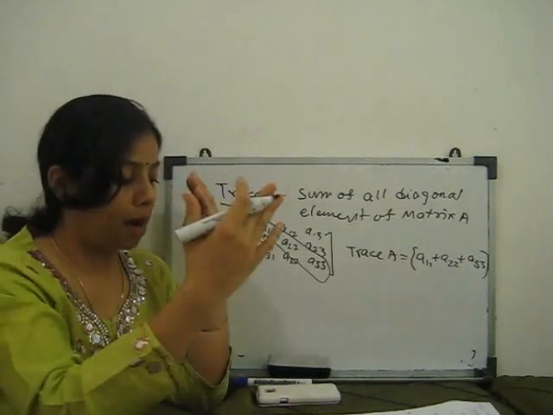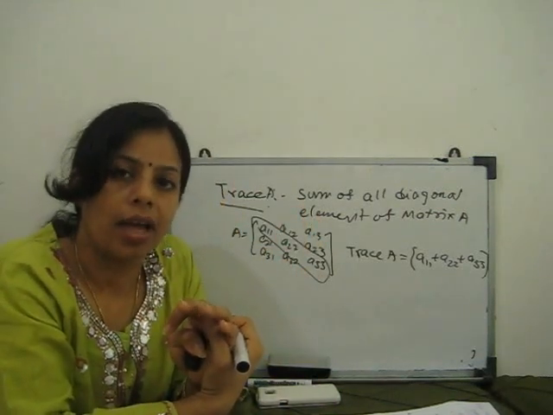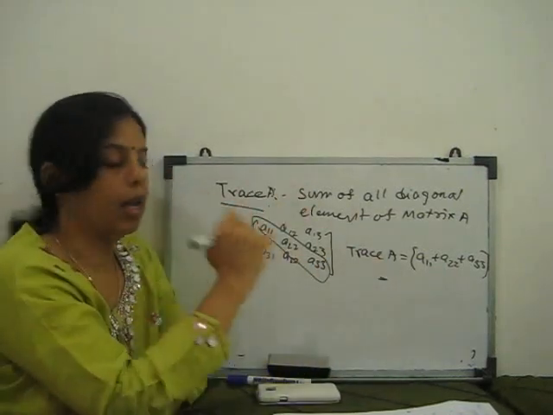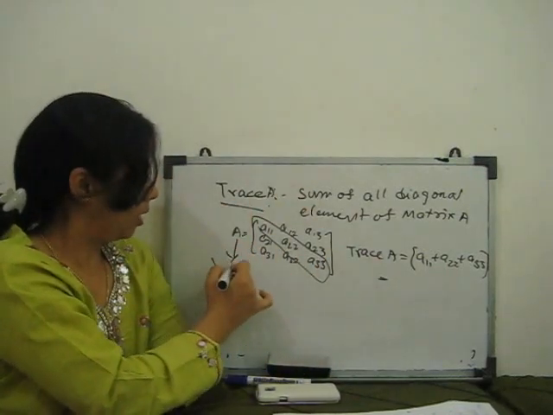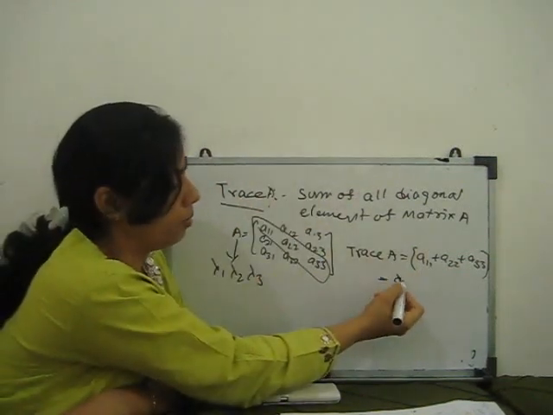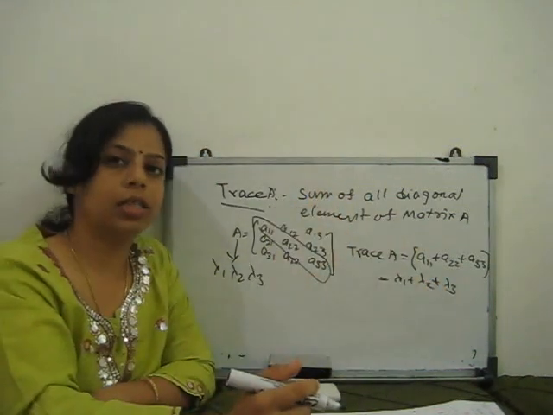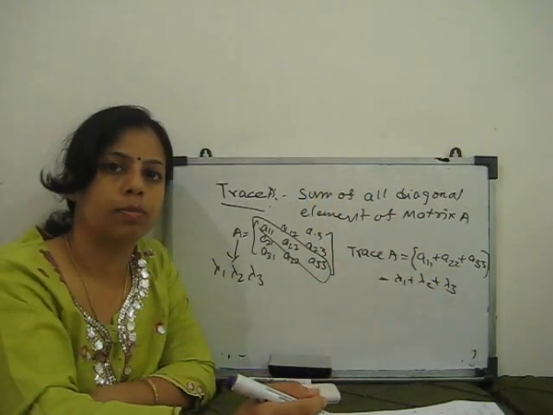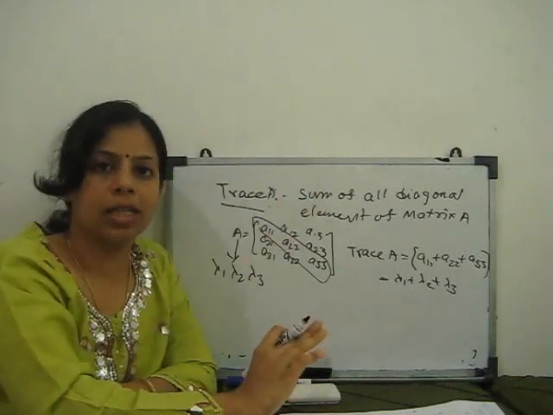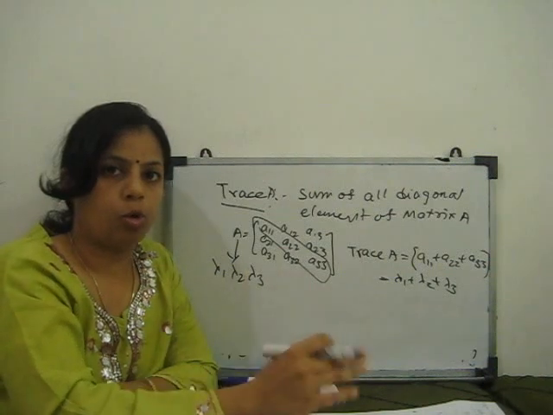Clear? But in case we discuss the eigenvalues, if the eigenvalues are lambda 1, lambda 2 and lambda 3, then trace is equal to lambda 1 plus lambda 2 plus lambda 3. So trace is always equal to the sum of the corresponding eigenvalues. If n cross n, then trace of A is lambda 1 plus lambda 2 plus lambda 3 up to lambda n.